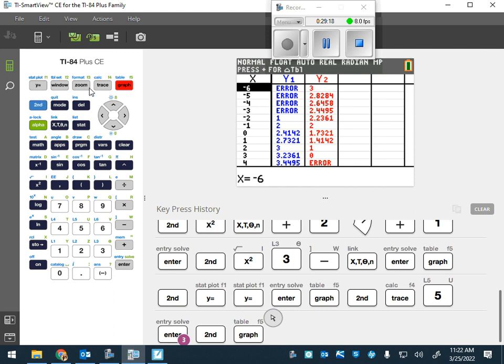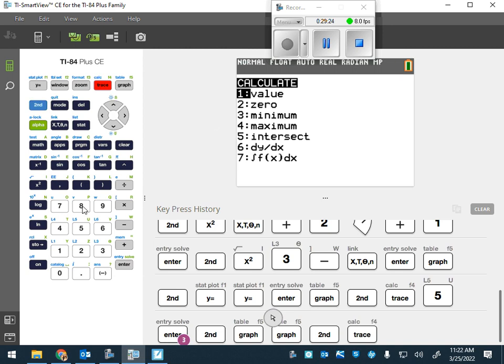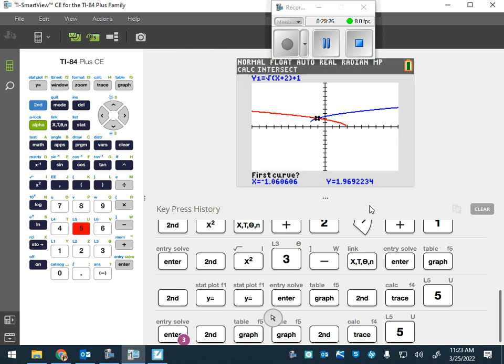Okay, one thing with the graphing though. Say when you're doing second trace, number 5, say if you don't see a y value, because there's going to be some cases when we get to practice where you don't see a y value. Intersection won't work. So you have to move your cursor left or right until you see a y value. Okay, does that make sense?